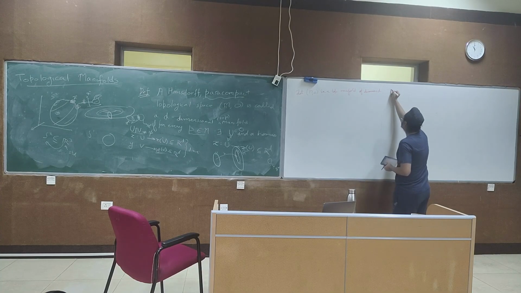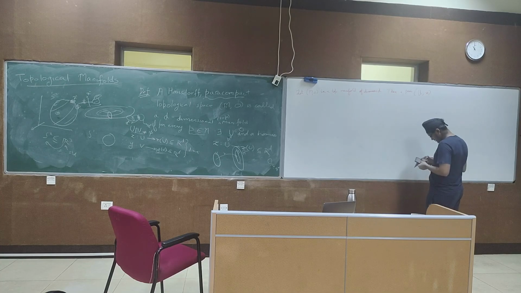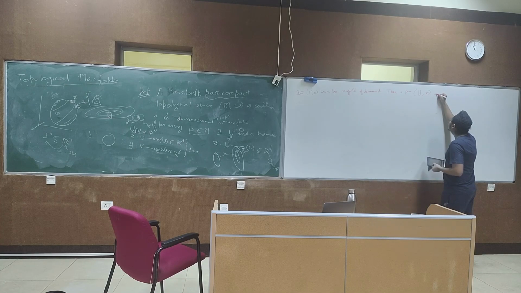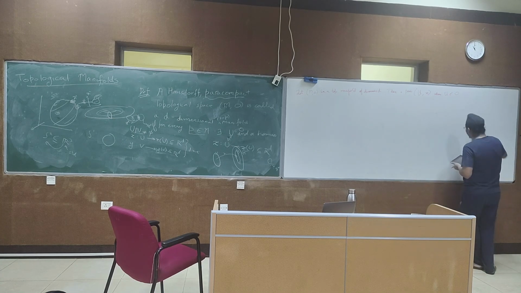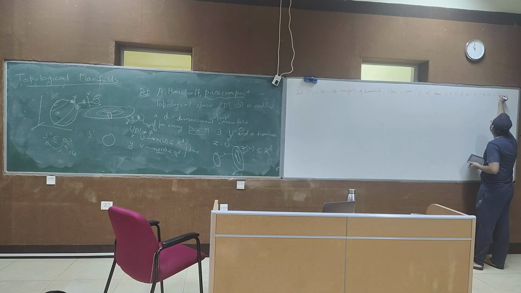Then a pair of a set U and a map X, where the set U is open, that is, it belongs to the topology, and X is the map which we talked about earlier, X goes from U to a subset of R^D.